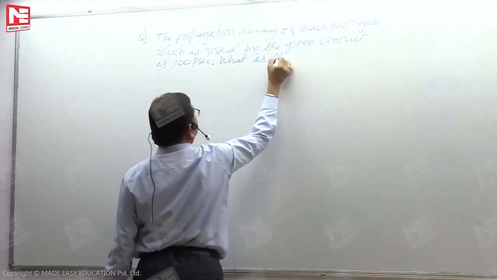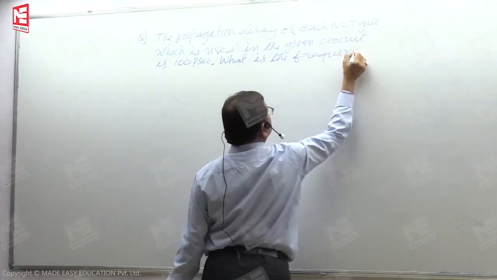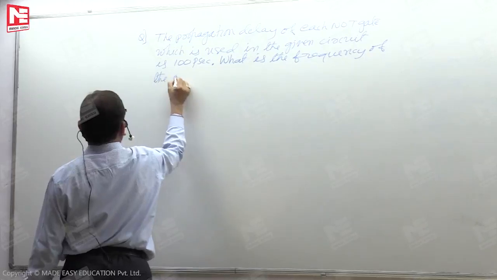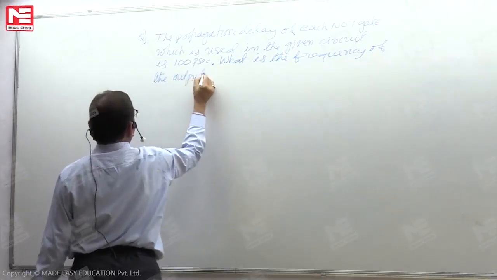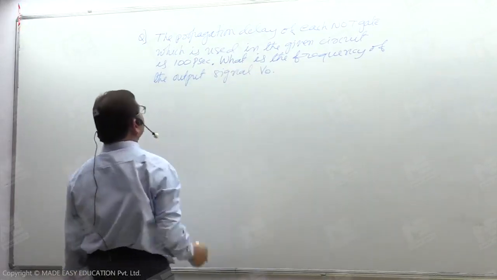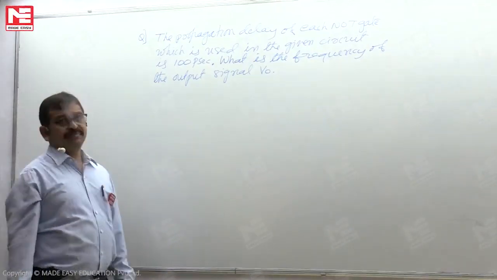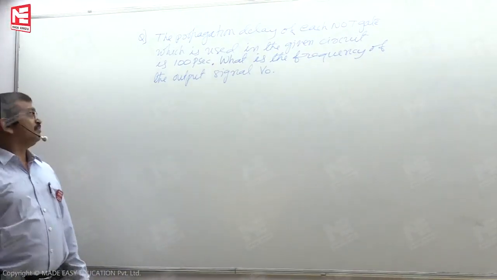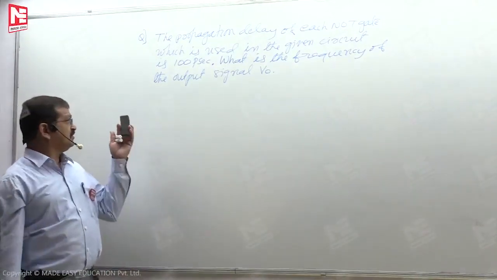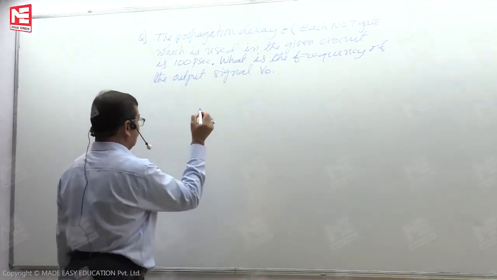What is the frequency of the output signal V0?